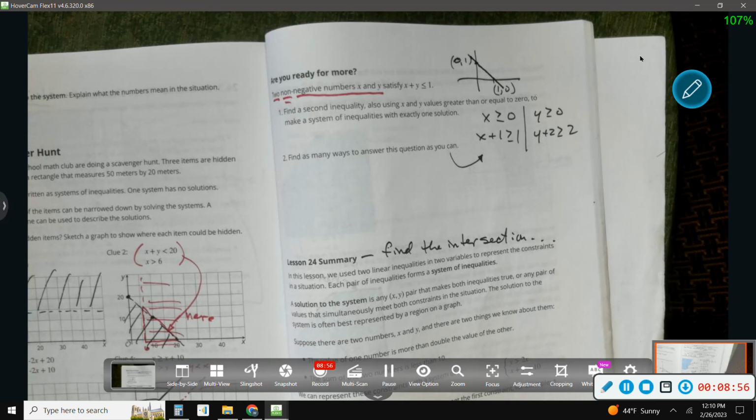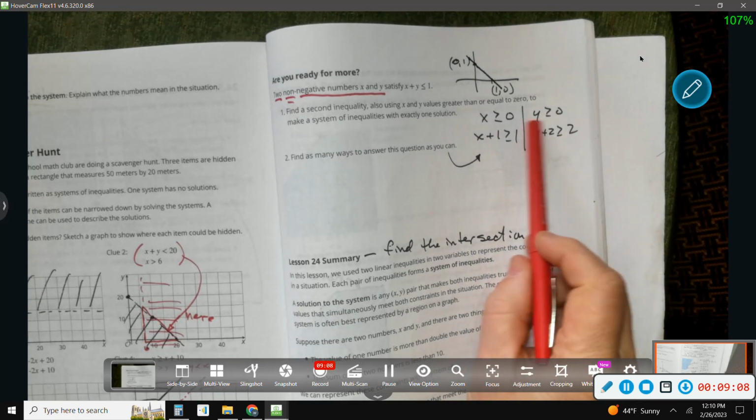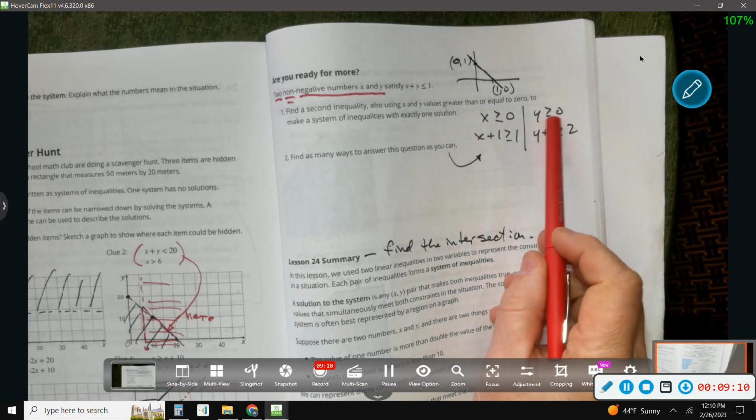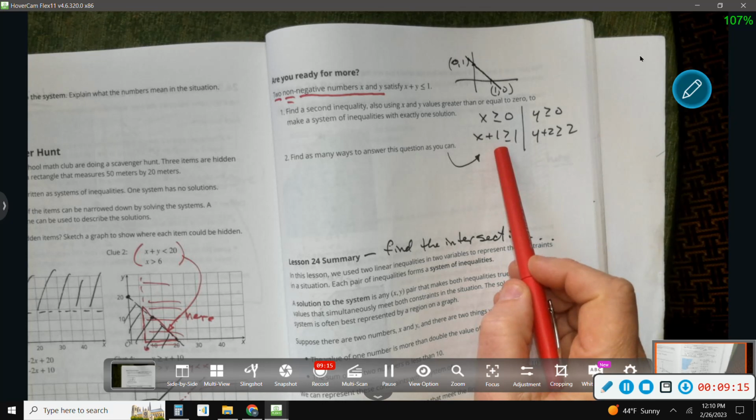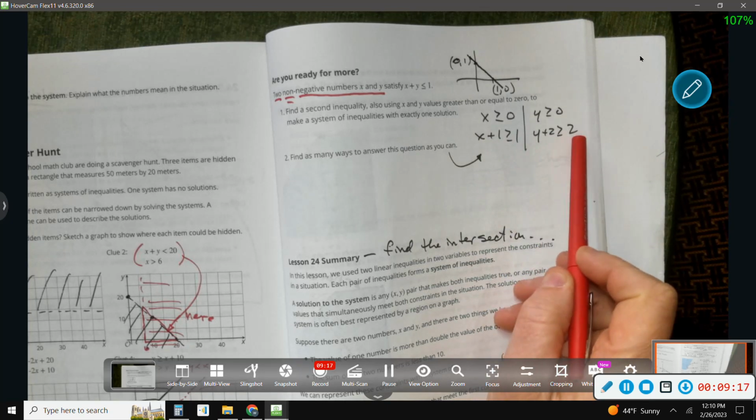Find a second inequality by using x and y values greater than or equal to 0 to make the system of inequalities with exactly one solution. The only way I can think of doing something like that is if you had something like this. You start out wanting them both to be positive, which means 0 or more. So I just took this and added 1 to each side. I took this one and moved it to that side.